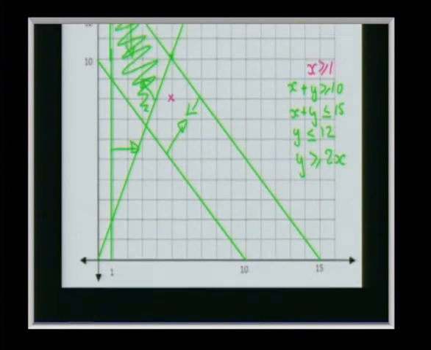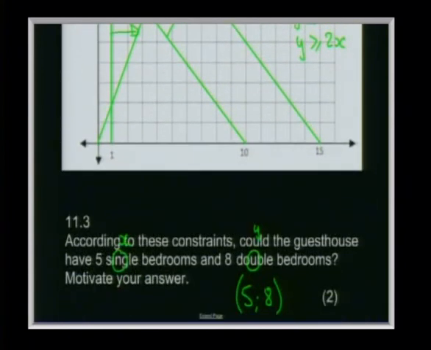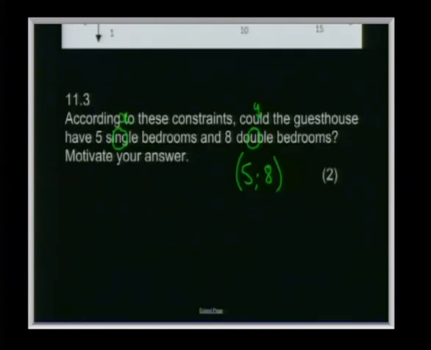Is it over there? Is it in the feasible region? Nope, not a chance. So, 5, 8 is not in the feasible region. Therefore, cannot happen.